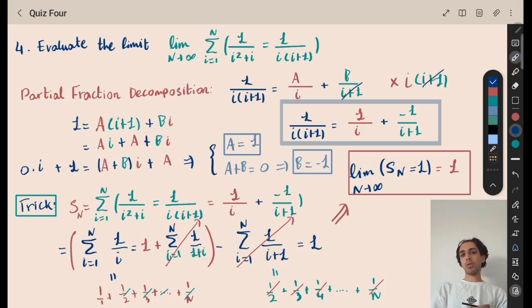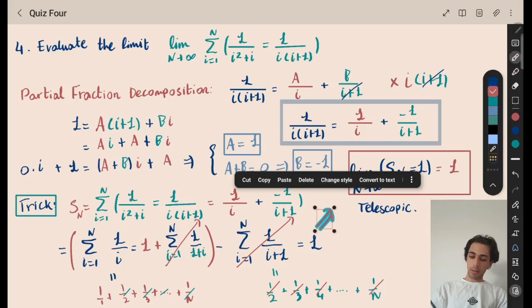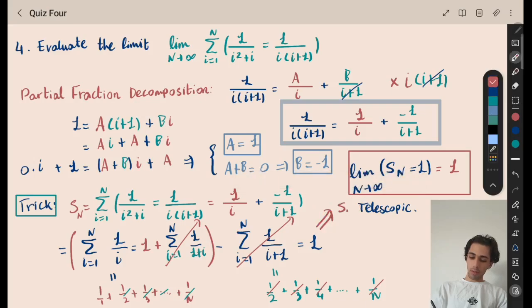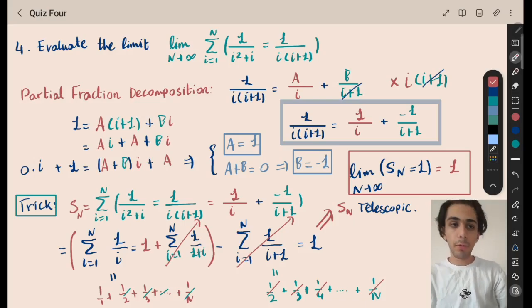So I presume that is what a telescopic sum should entail. So maybe I'll write it down. Now, what is telescopic? It's Sn. And that is enough for this question.